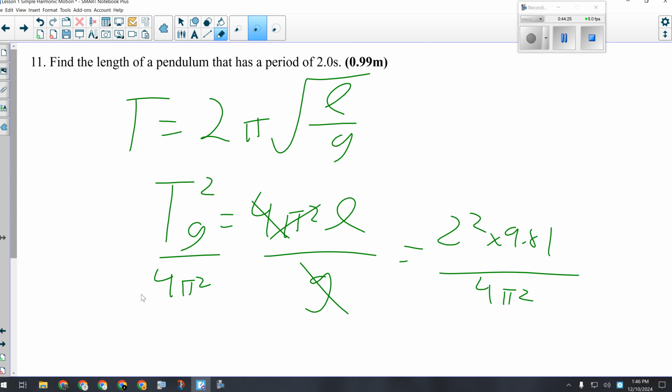Or pendula. What would the plural be? Pendulums or pendula? Pendulums. Like octopus is octopi. Should pendulum be pendula? I think pendulums. Okay, I'll go with that.